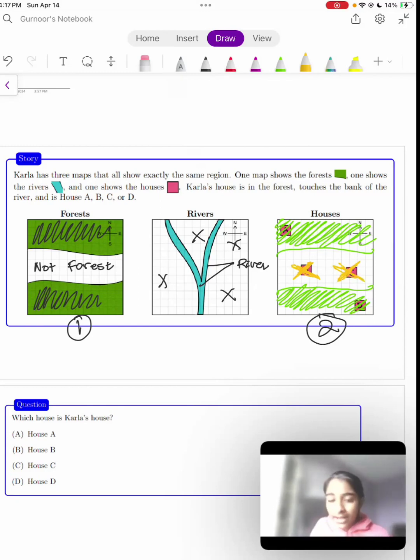Now we're going to analyze another condition, which says that Carla's house touches the bank of the river. Let's name this image three.